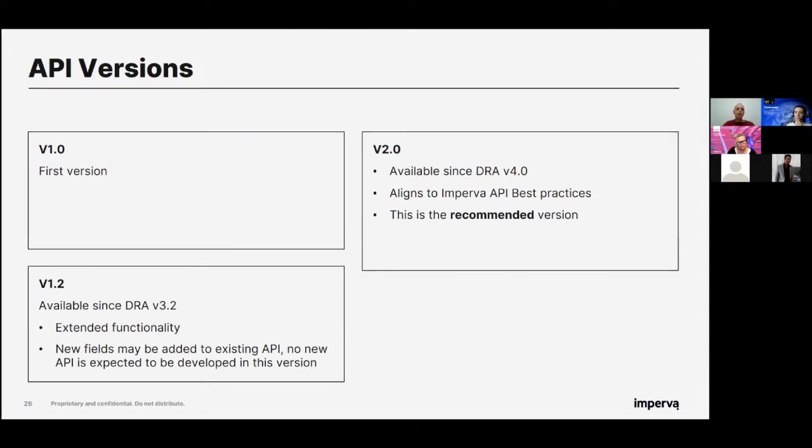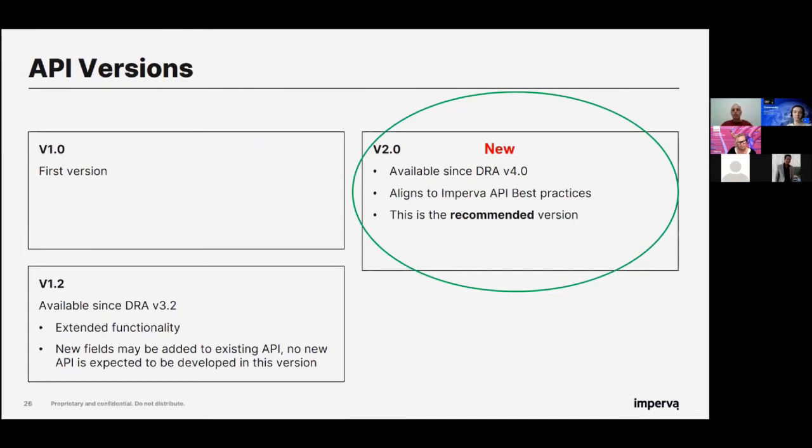We have 3 versions. We have V1, which is the first version. We have V1.2, which is available since DRA 3.2 with extended functionality. Again, this is where we started to extend our functionality. And we have V2, which is new from DRA 4. And this is the recommended version.